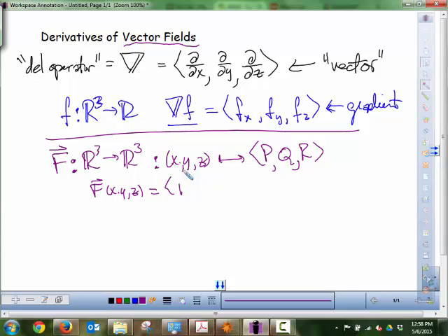So should I use IJK, or can I just use these brackets? Does it matter? Brackets are okay.